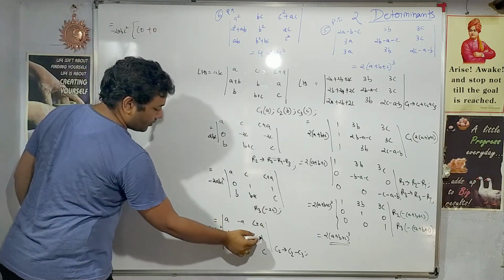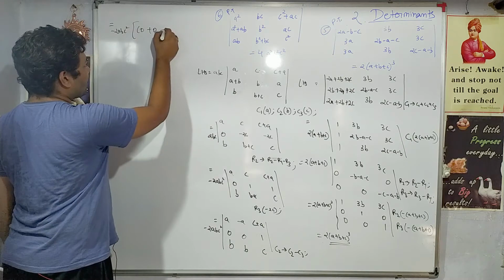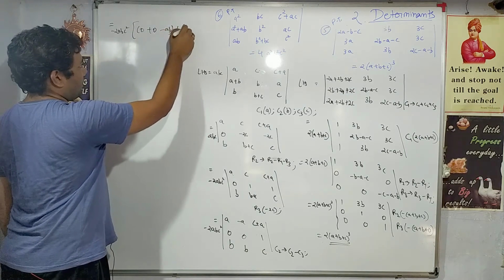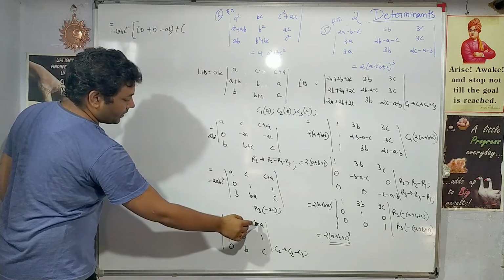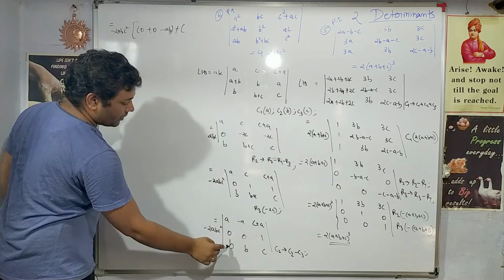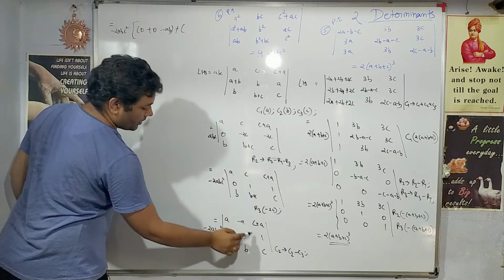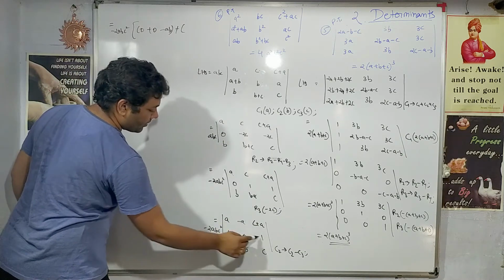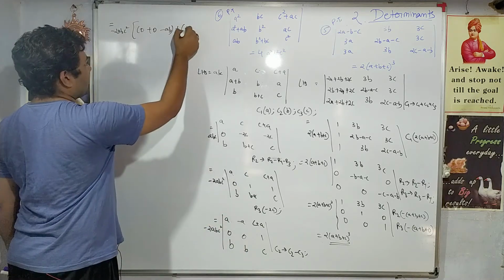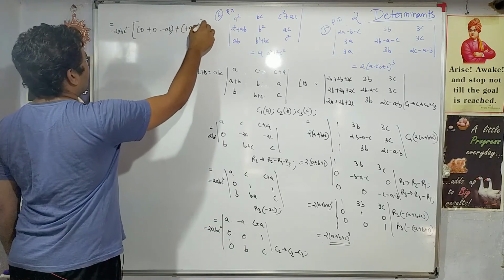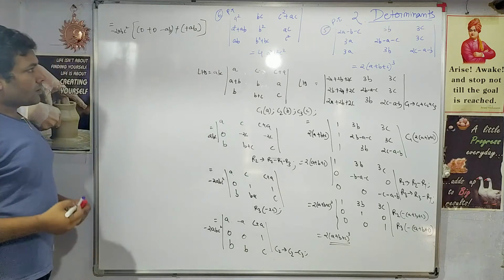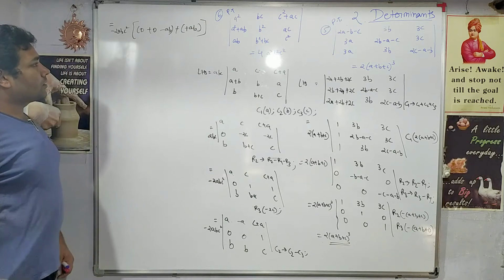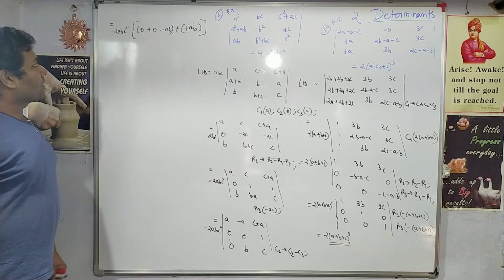Then minus A into 1 into B will give me minus AB, plus right diagonal, this will give me 0, this is again going to give me 0, and this will give me plus AB. So plus AB, correct?